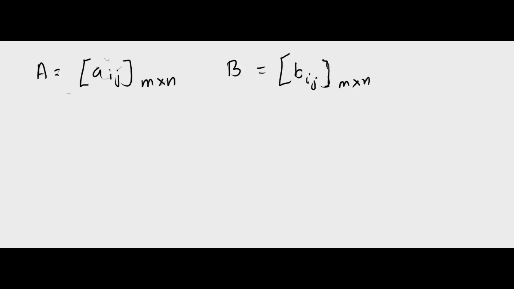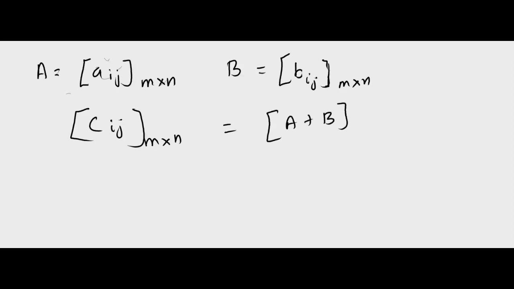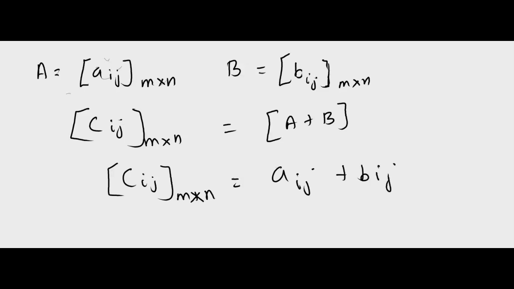Let Cij, an m by n matrix, denote A plus B. Then we can say Cij is equal to Aij plus Bij. Addition is defined only for matrices which are of the same order.